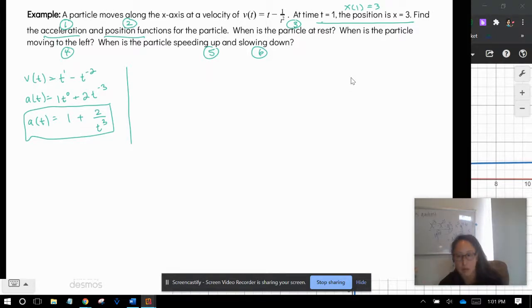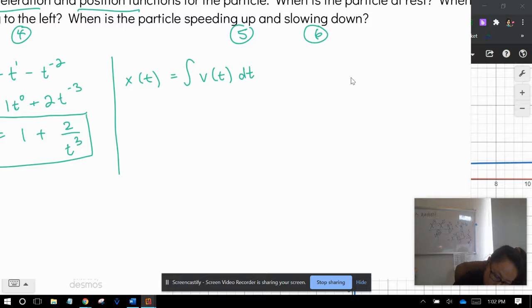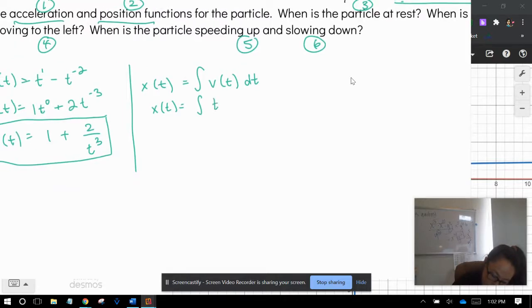Okay, time for the position. So the velocity is a derivative of position, so I need to take the antiderivative to find the position. So v of t, actually we're going to take the antiderivative of v of t dt to give us my position. Okay, so I get x of t is equal to the antiderivative of t minus t to the negative 2 dt.